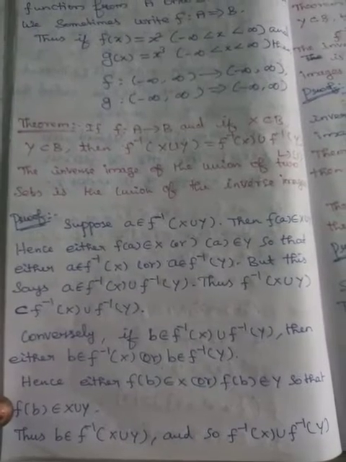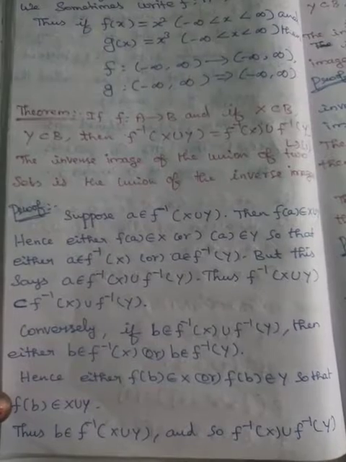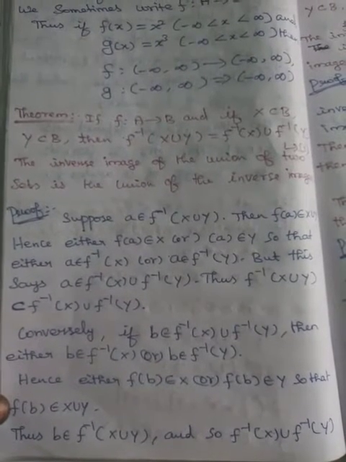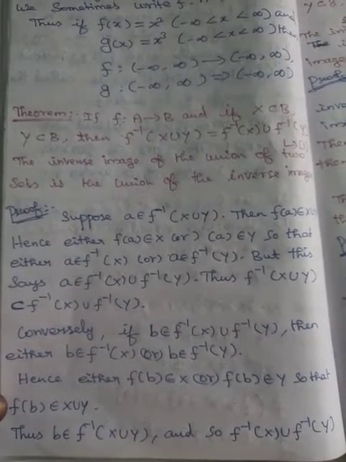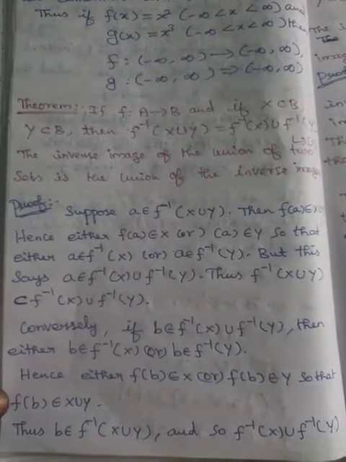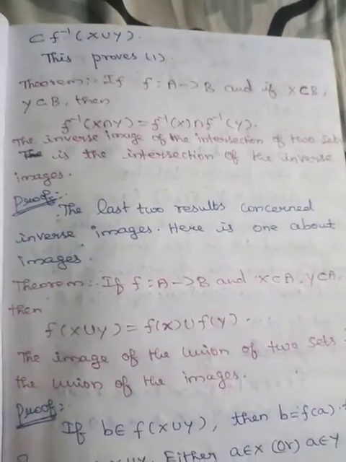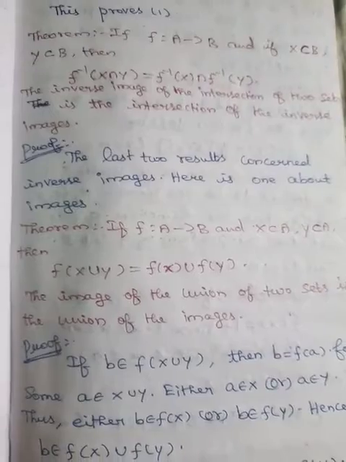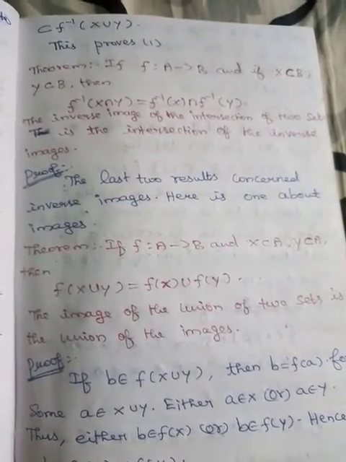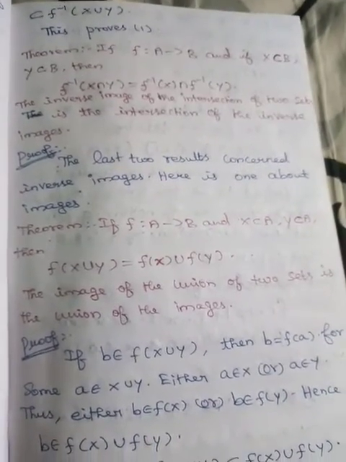So hence either f(b) belongs to X or f(b) belongs to Y, so that f(b) belongs to X ∪ Y. Thus b belongs to f inverse of (X ∪ Y), and so f inverse of X ∪ f inverse of Y contains f inverse of (X ∪ Y). This proves 1.